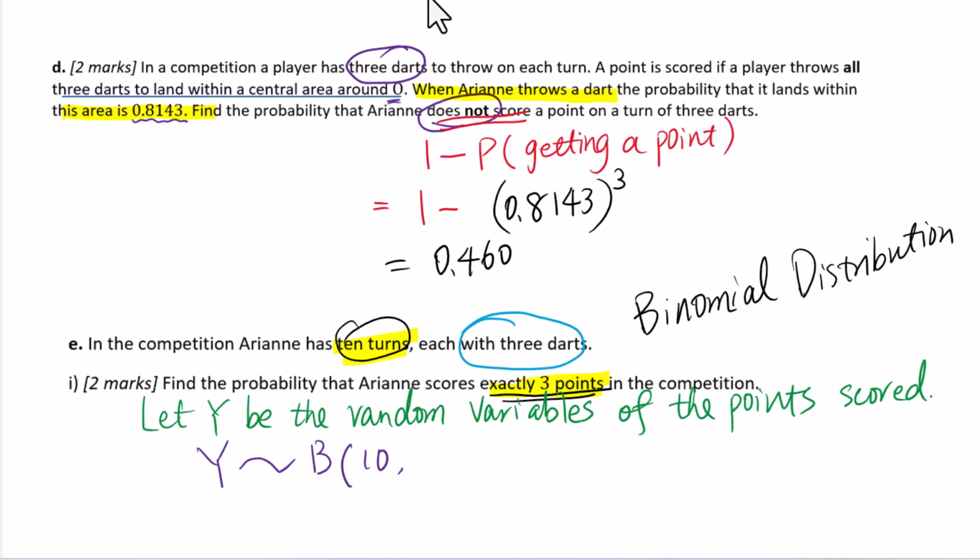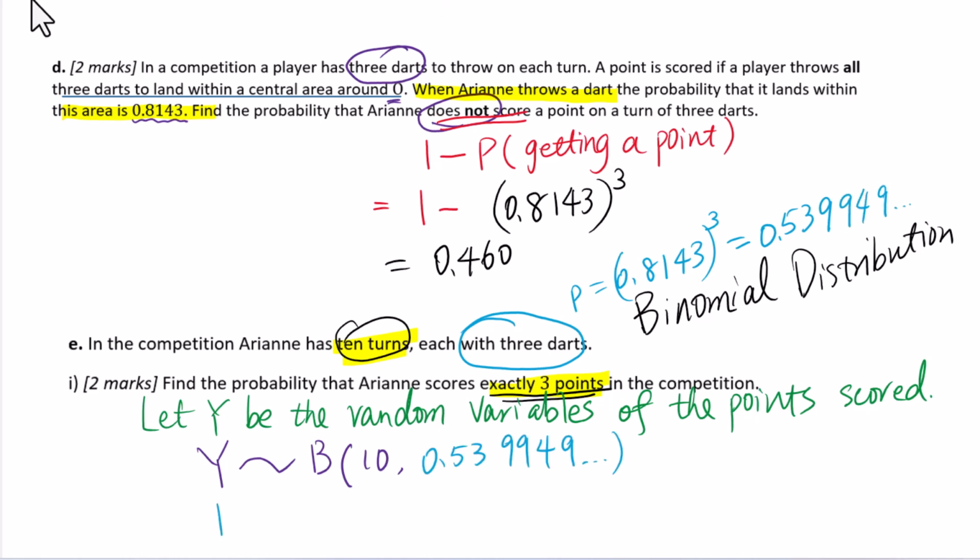The probability of getting 1 point with 3 darts is 0.8143 to the 3rd power, which equals 0.539949. We are looking for the probability of y equals 3.